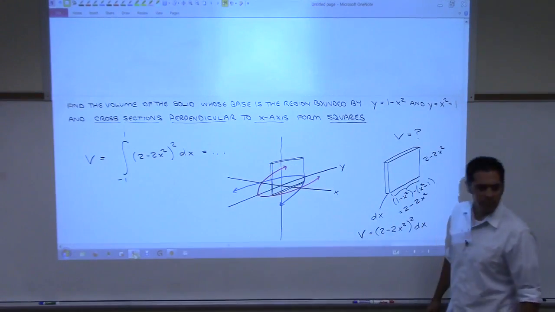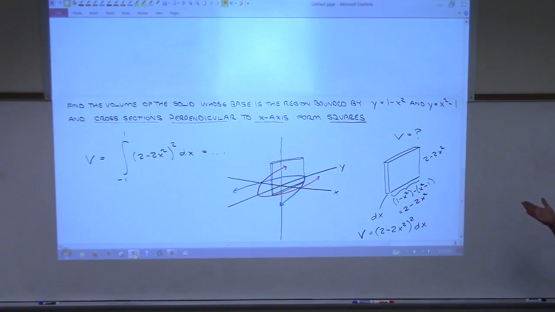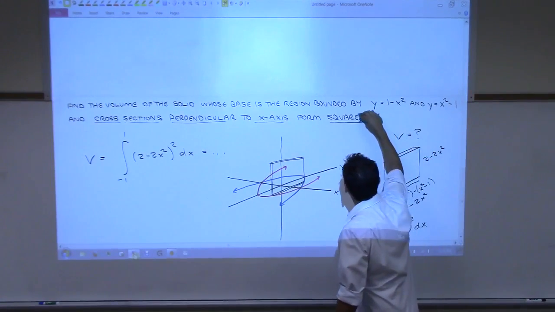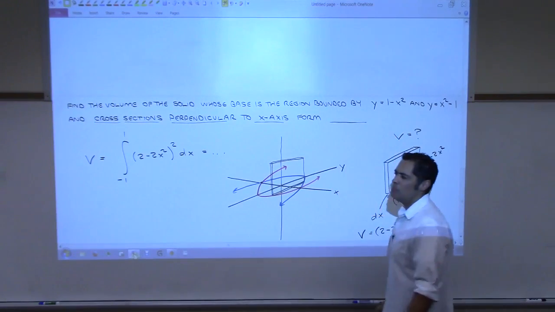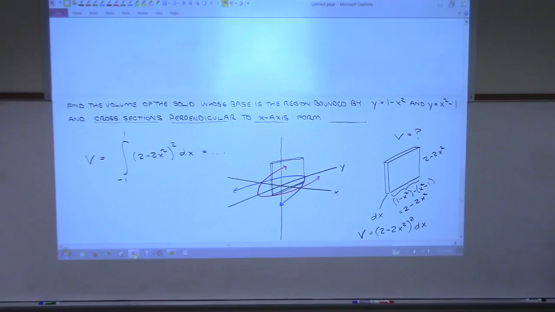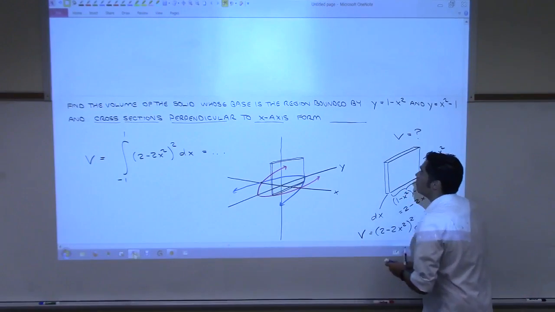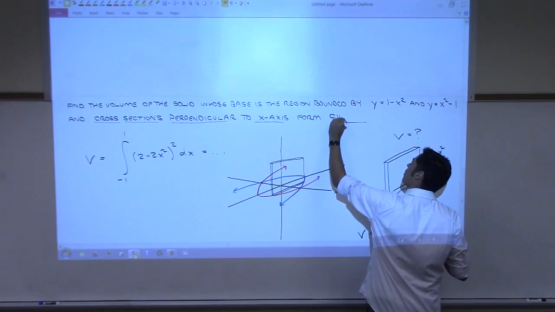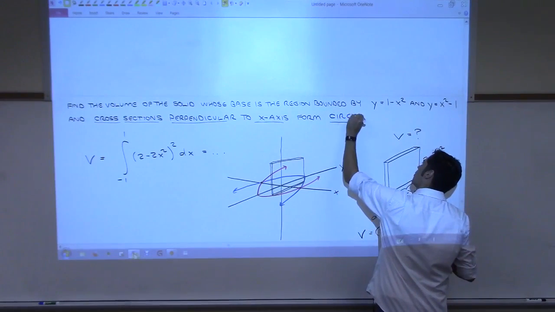Questions? Is that pretty straightforward? All right, let's change the problem. Let's do, instead of squares, let's do circles. Let's do full circles. Now I have to be a little bit more specific in this. Circles.